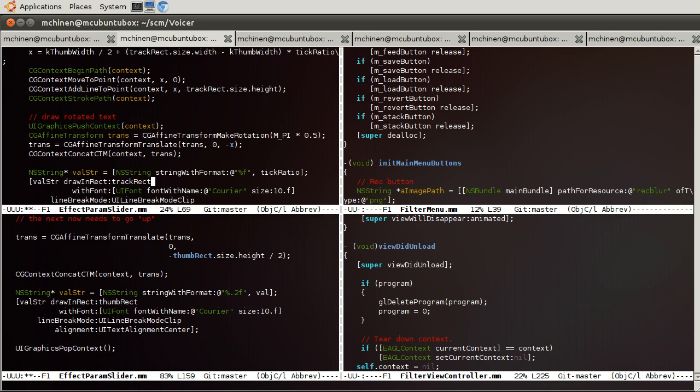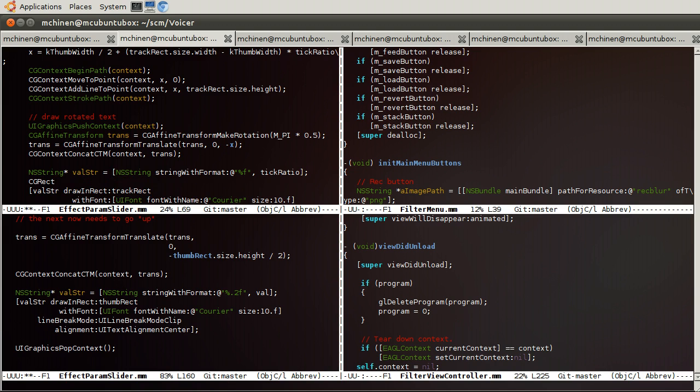Track rect is sufficiently large that we don't have to worry about, no, that's not true. So we might have to have a new rectangle here. This is after a rotate, so the width should be the height of the track rect. Yeah, unfortunately we have to do that.